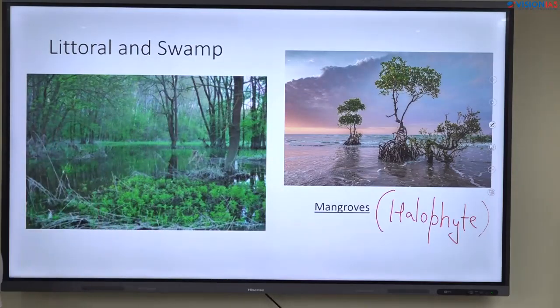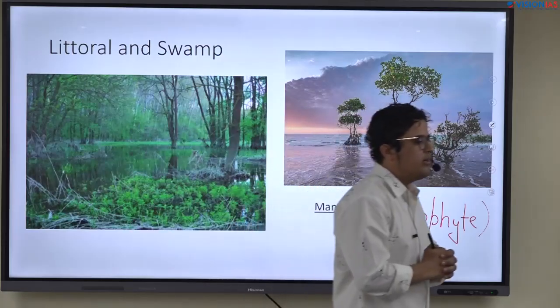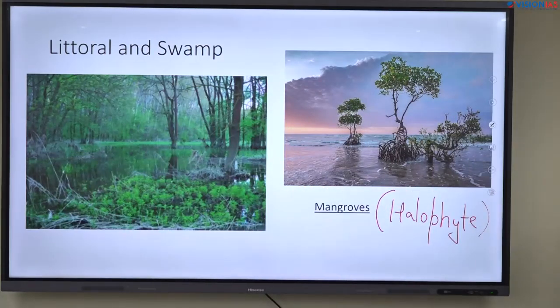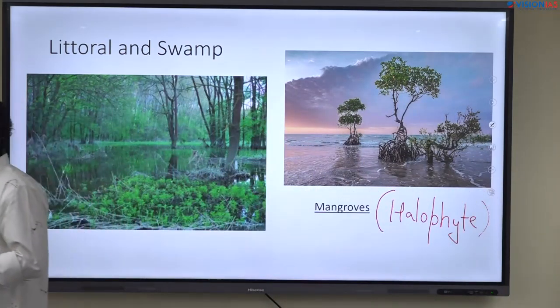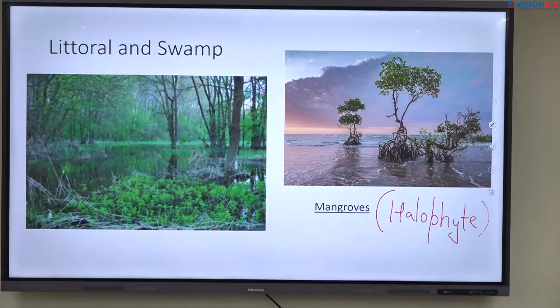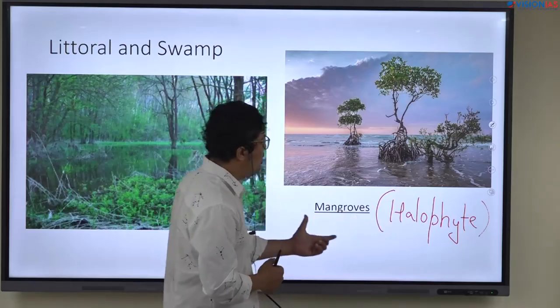Now what is a halophyte? A halophyte is a plant which can tolerate salinity. So this is saline water, and mangroves can grow here easily. Other trees will struggle, they cannot tolerate salinity. That is why in the ocean water where salinity is very high, you can see the growth of mangroves. So you use this term: mangroves are halophytes, salt tolerant plants.